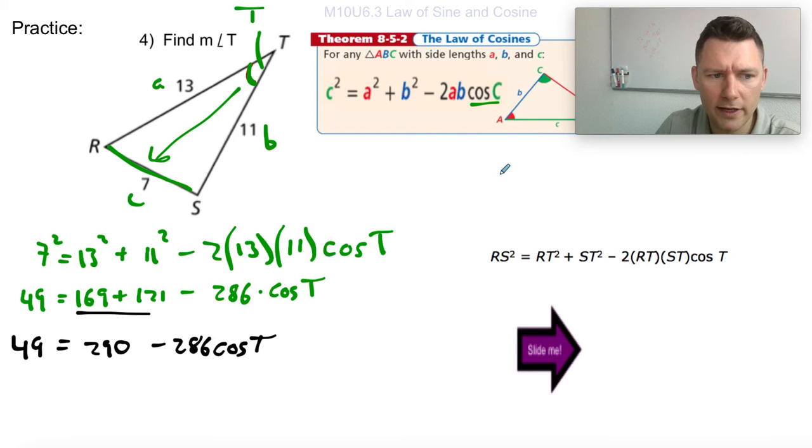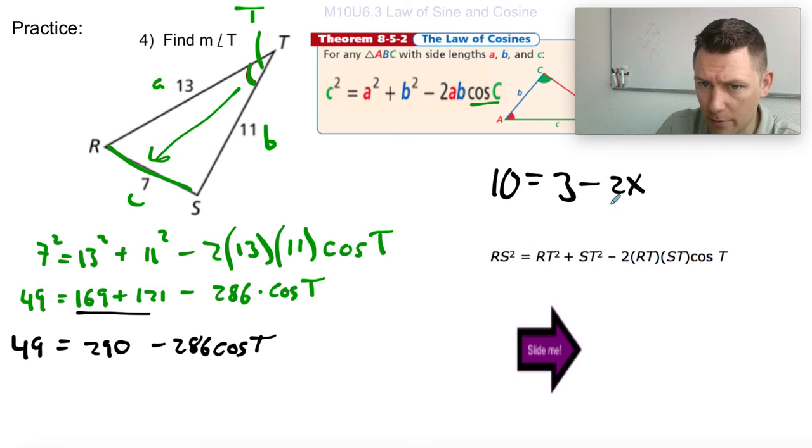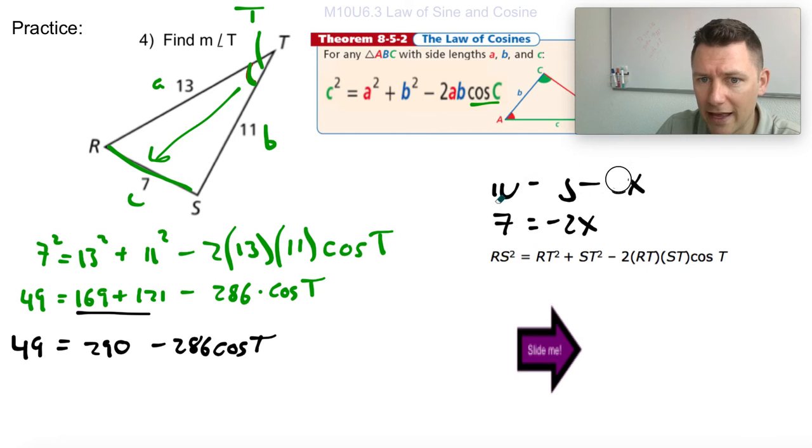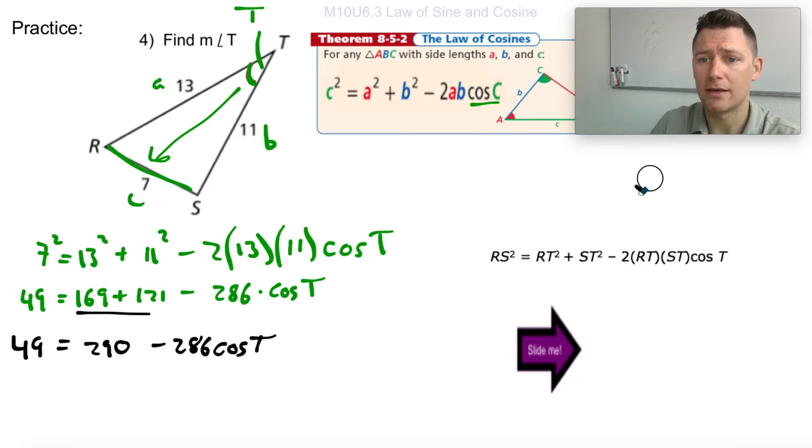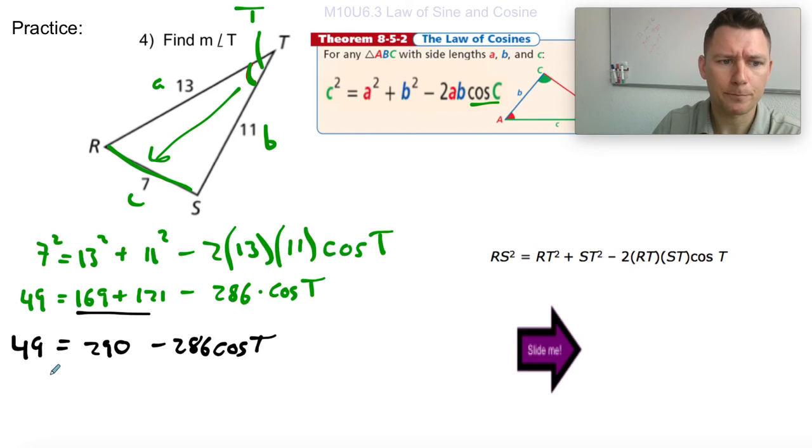This is sort of like saying 10 equals 3 minus 2x. You can't just combine these two. You have to first subtract this 3, make it 7, and then divide by the negative 2, right? We're doing that same thing but with uglier numbers. You'll be fine. So let's give it a shot, right?